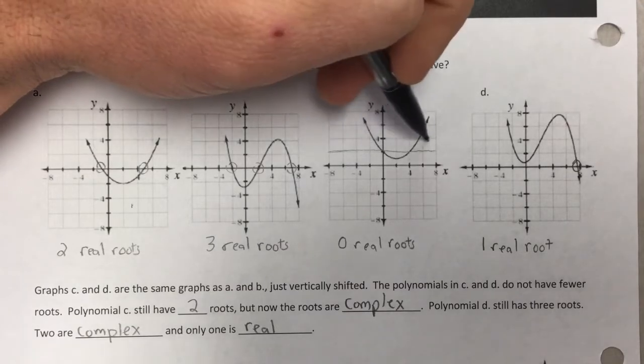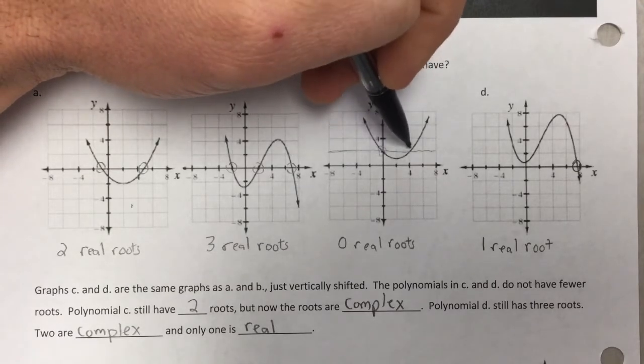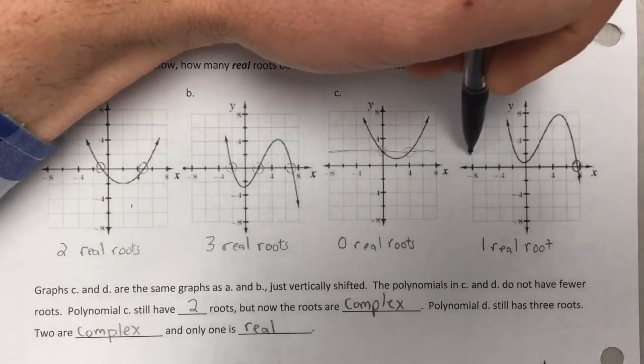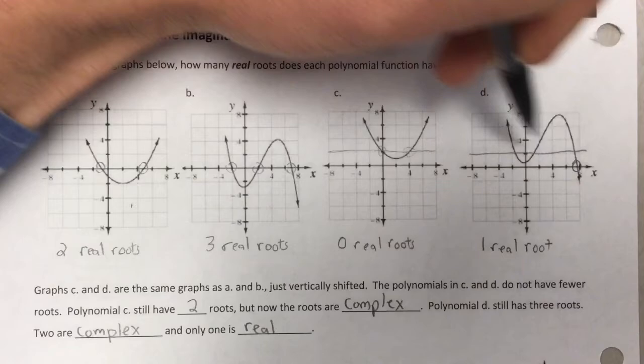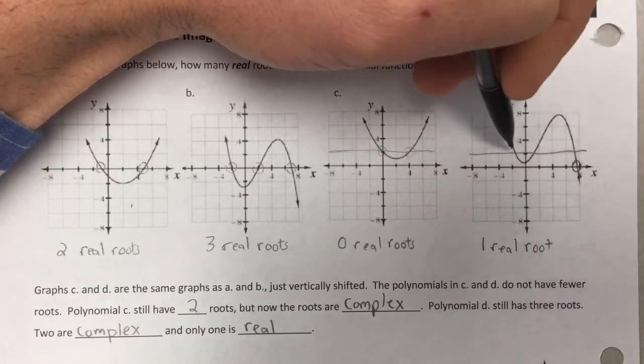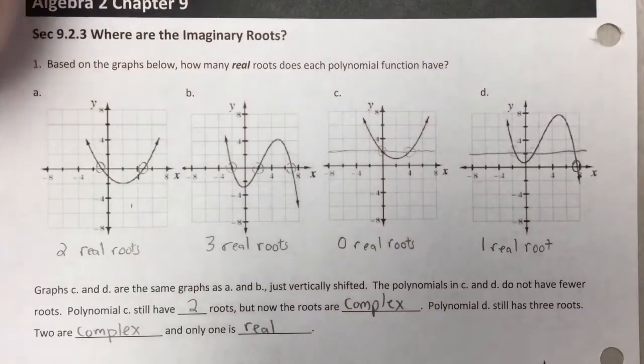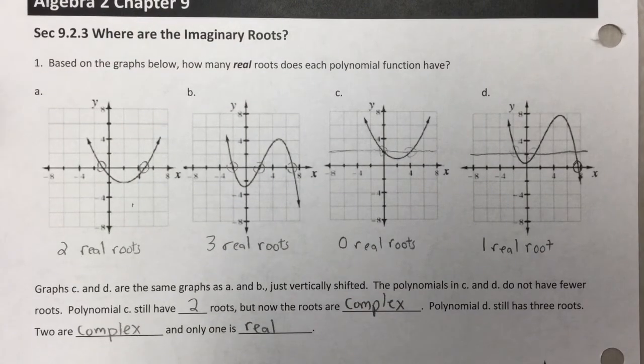So here I can draw a horizontal line, and that means I would have 2 complex roots. If I drew a horizontal line here, I already have 1 real root here, so that would take care of this one. But I have 2 other roots right there. That would be my 2 complex right there.